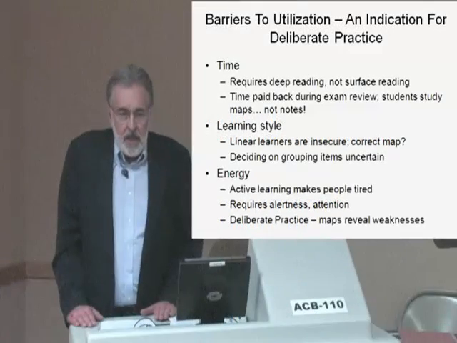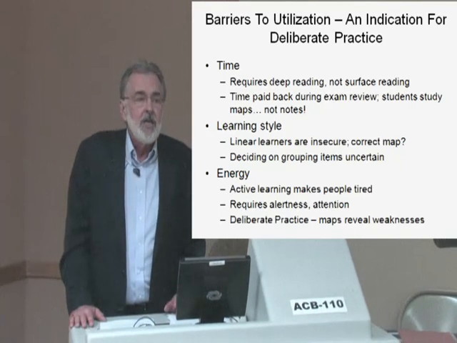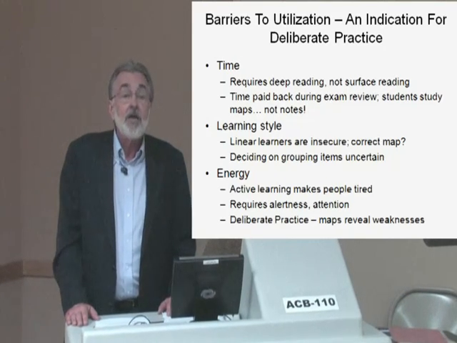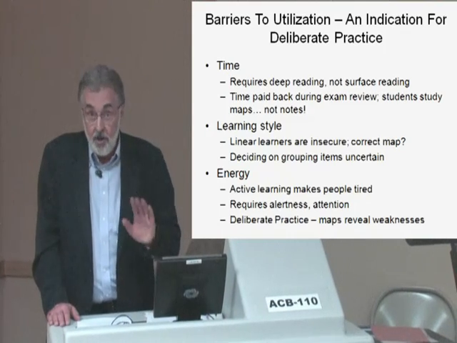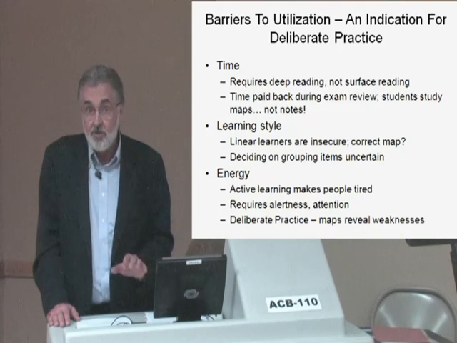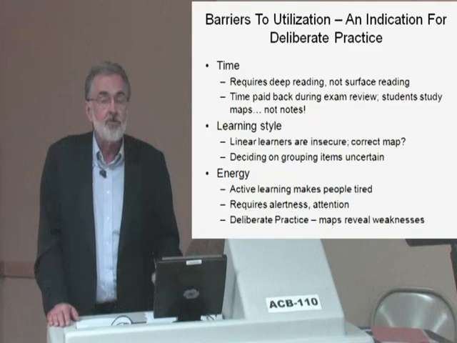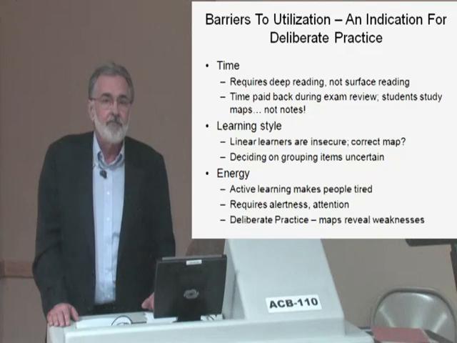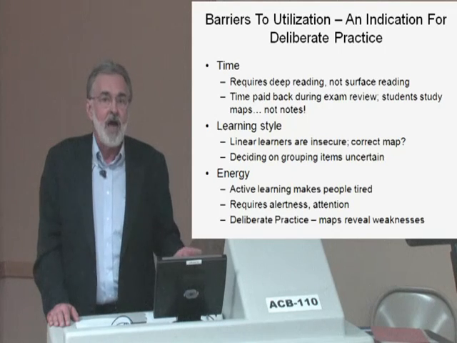Now, I think the major barrier is one of time, and it's ironic that if you talk to students who have taken the risk, spent the time, and actually gotten good, and I'm talking now sensing type students for whom this is the hardest, but once they get used to doing this and get faster at it, they will tell you to your face they would never go back to the way they used to learn.